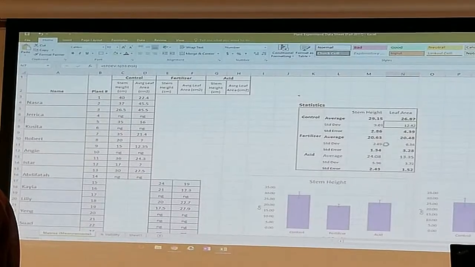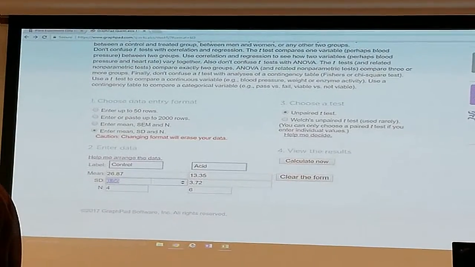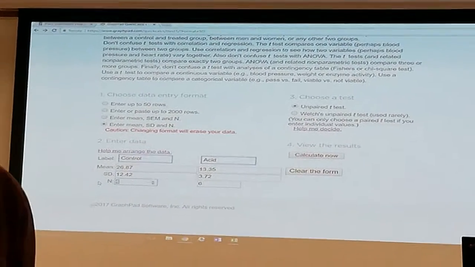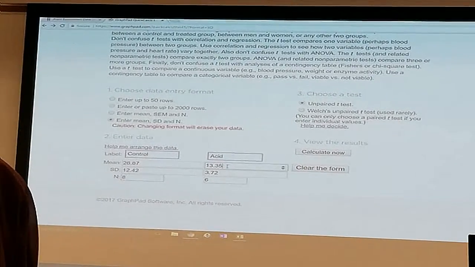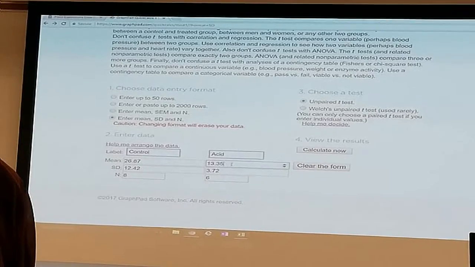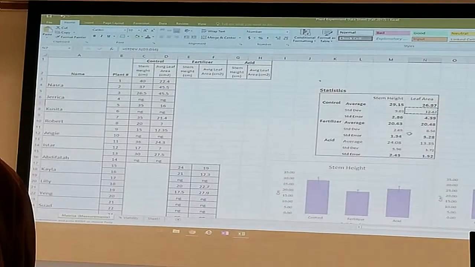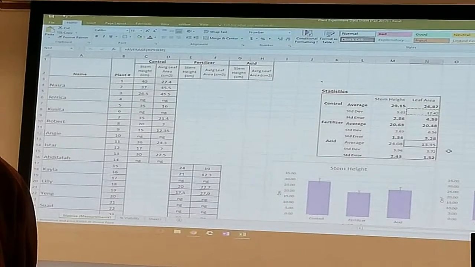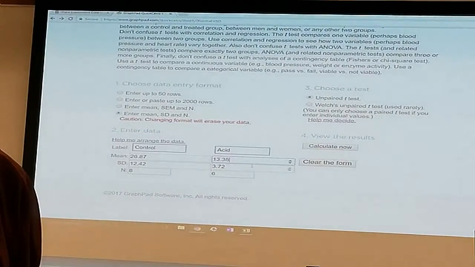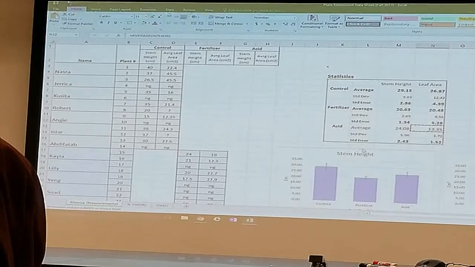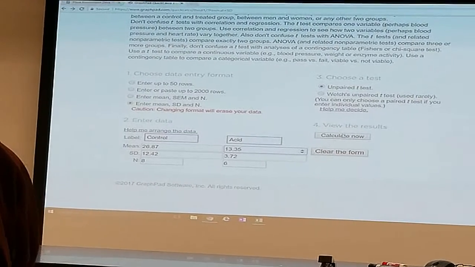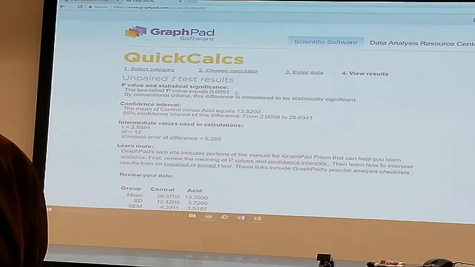Oops, didn't copy. Okay, and then we had, I think, 8 plants here for the control on the leaf area metric. And then the acid, average acid is 13.35 square centimeters. Oh, that's already in there. And then 3.72. Yeah, so we already did that one. Okay, calculate now. There we are.